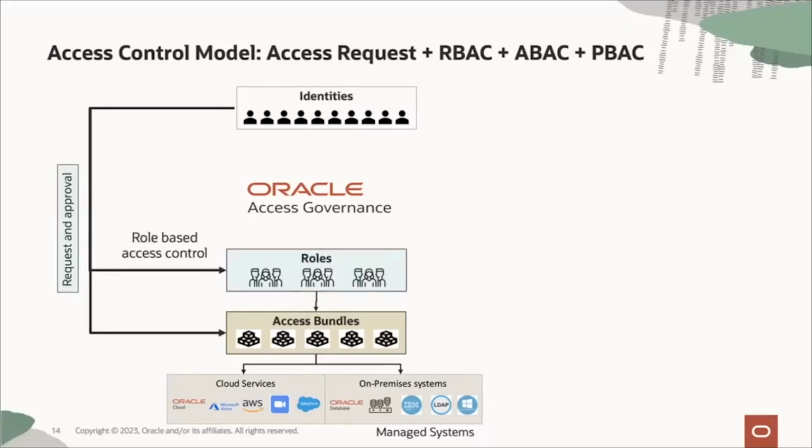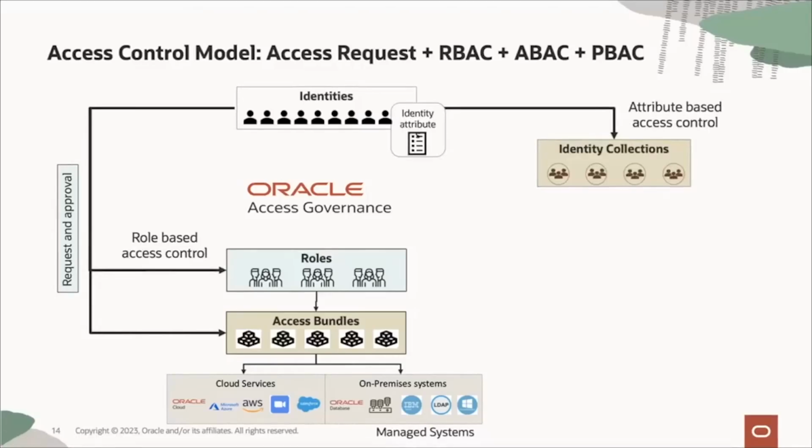But there might be organizations who want to request roles, because roles could be based on multiple access bundles across various applications. When they request a role, they automatically get access to multiple access bundles. So whether it's self-service or role-based access control, RBAC, that can be achieved with access governance.